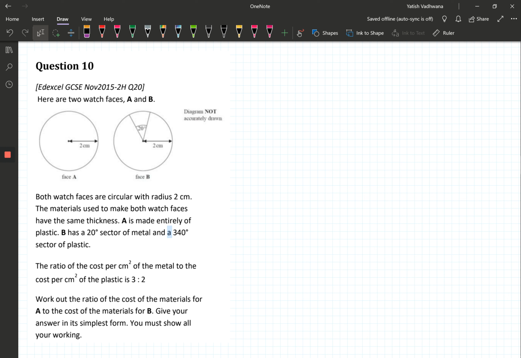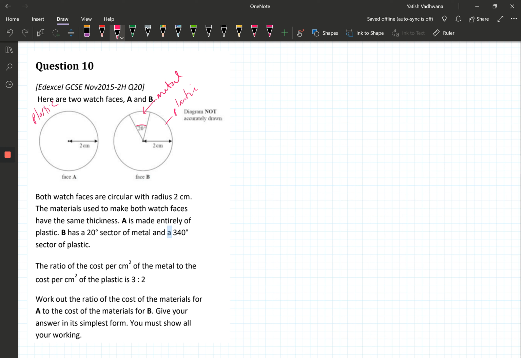So for question 10, two watches, this is 2 centimeters. The materials used to make both watches have the same thickness. A is made of plastic, so just make a note, so plastic. And B has a 20-degree sector made of metal, and the rest it looks like is made of plastic, of 340 degrees.